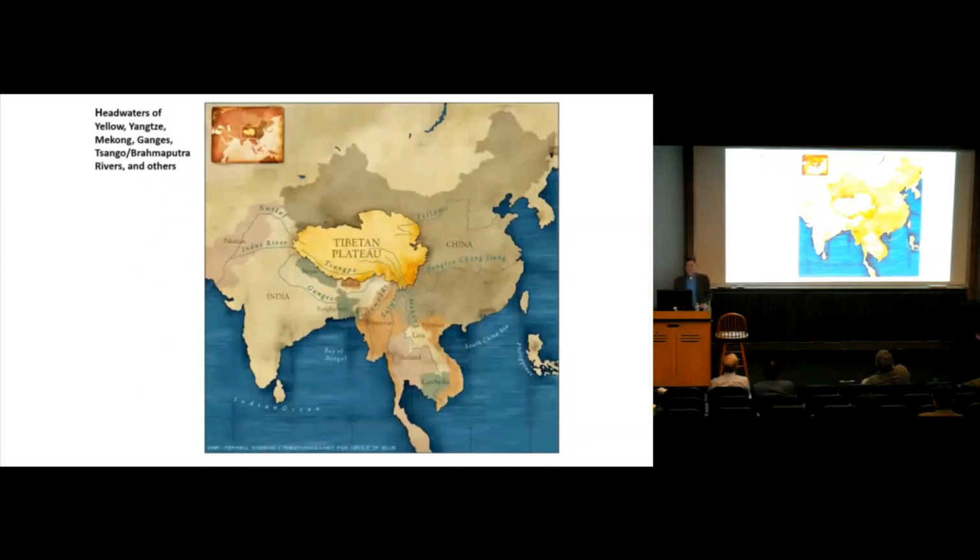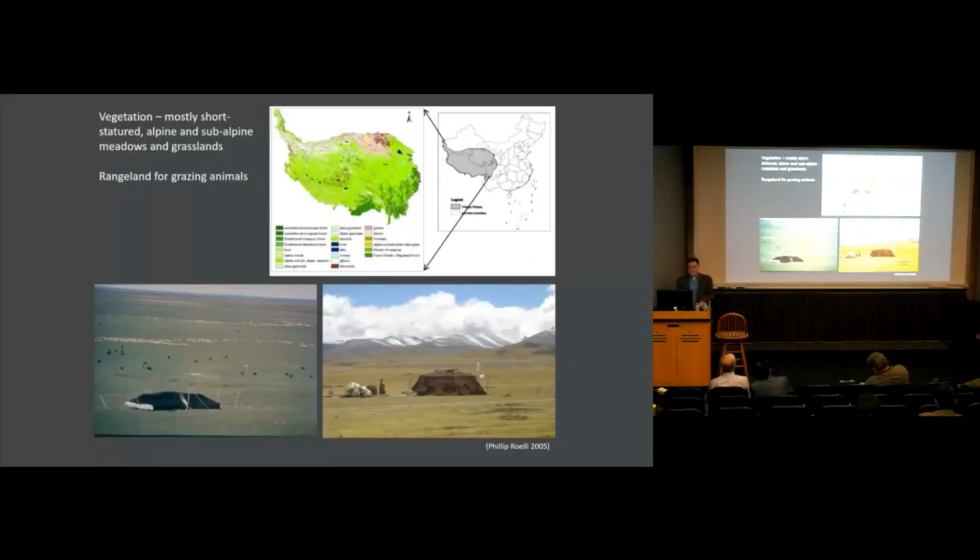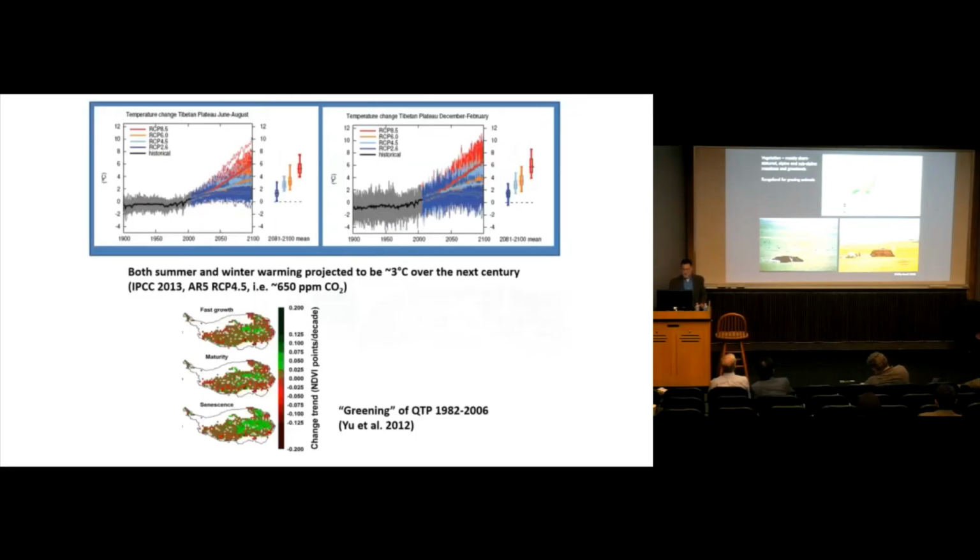I mentioned this before, but the Tibetan Plateau is the headwaters of major rivers in Asia, providing water resources for hundreds of millions to billions of people in a dozen nations. So it's hugely important for water resources. Again, vegetation is alpine and subalpine meadows and grasslands, and provides rangeland for grazing animals.